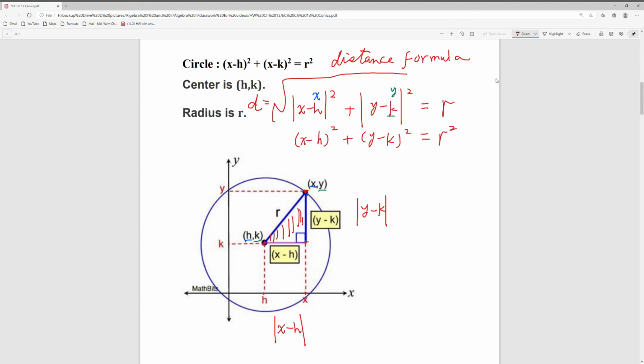So the circle formula is pretty straightforward by the Pythagorean theorem.